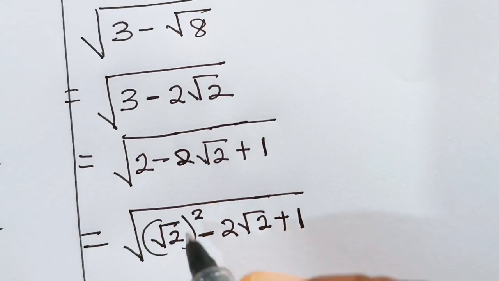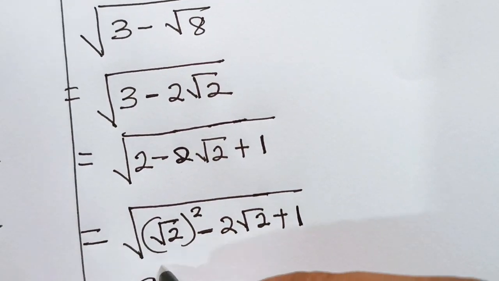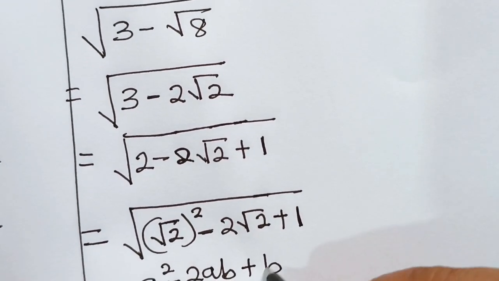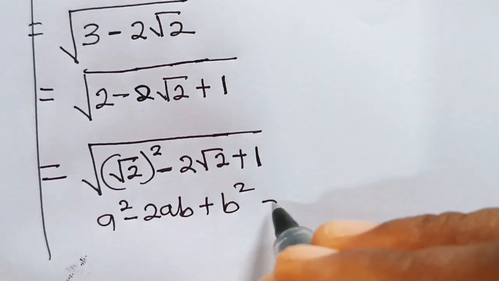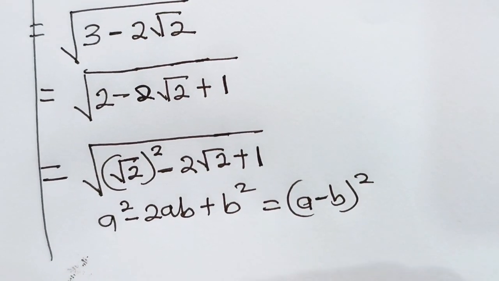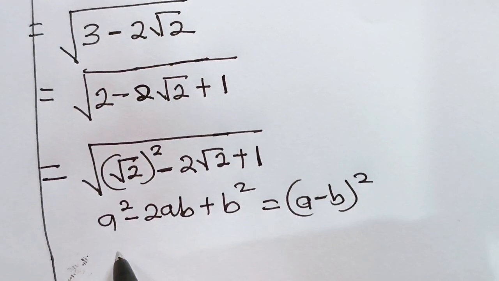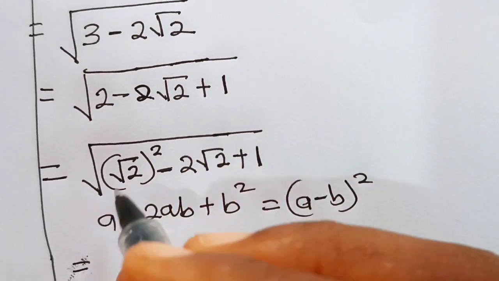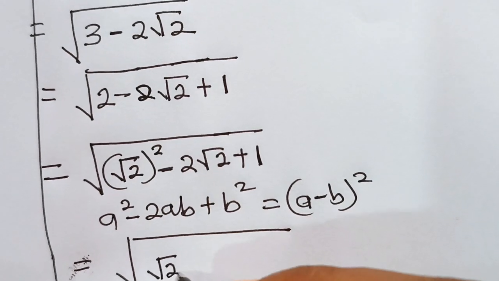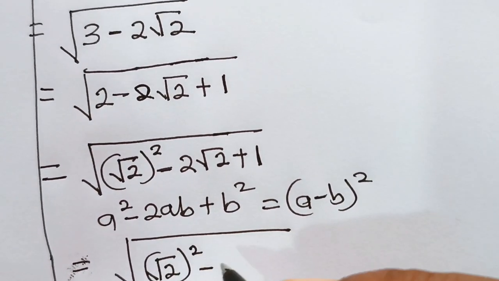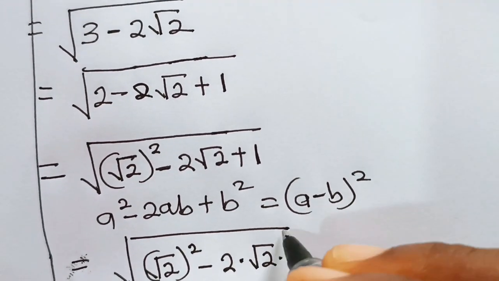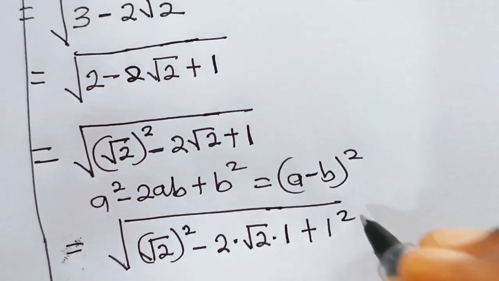Now remember that a² − 2ab + b² is equal to (a − b) raised to the power of 2. So we can express this as the square root of 2 squared, minus 2 multiplied by root 2 multiplied by 1, then plus 1 squared.